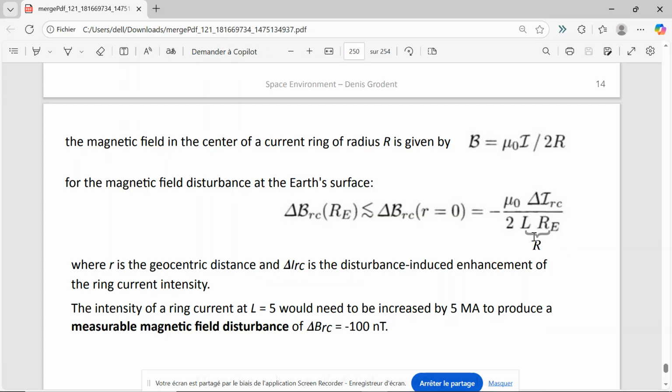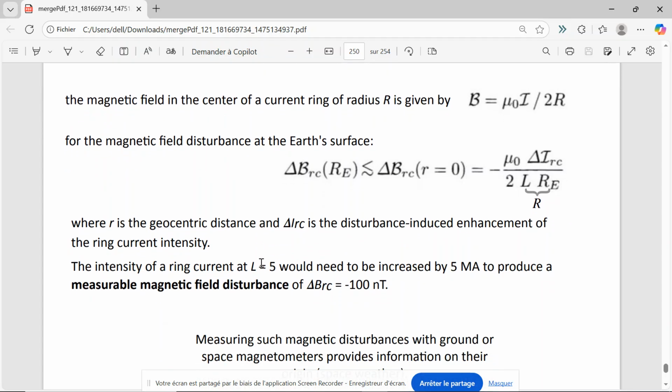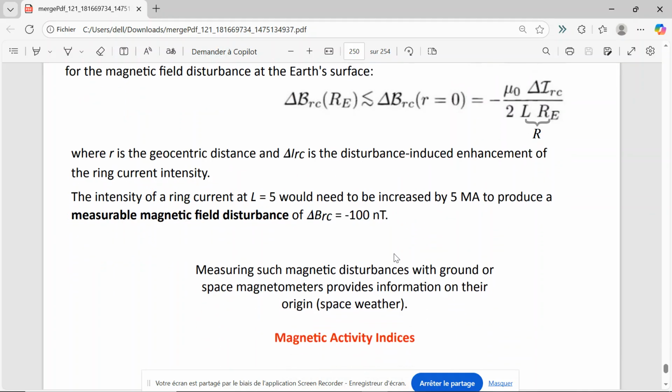It is given by that, where r is the geocentric distance and delta I_RC is the disturbance inducing enhancements of the ring current intensity. So it will induce a variation of current. The intensity of a ring current at L equal 5 would need to be increased by 5 million amperes to produce a measurable magnetic field disturbance of minus 100 nanotesla.